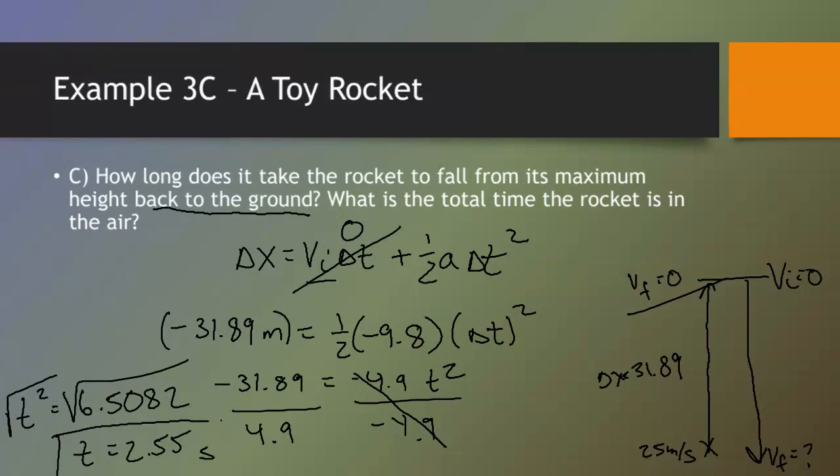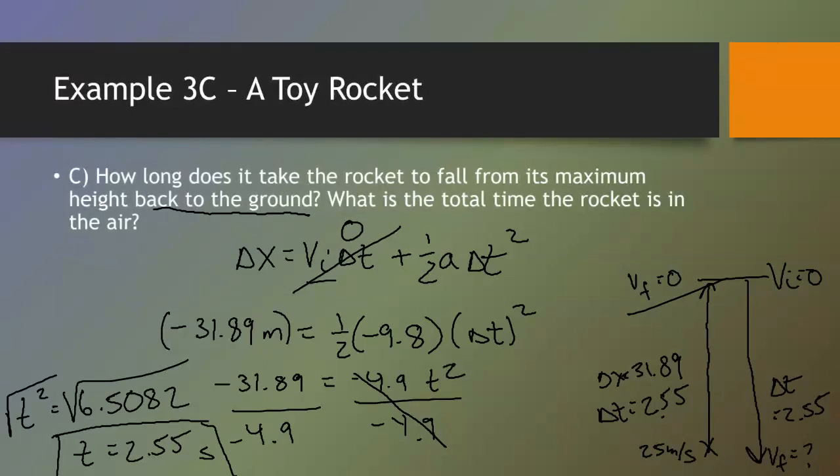The thing that I definitely want you guys to notice here, and it may seem intuitive, but it's not really for a lot of people. The time that it takes for it to go upwards is the same time that it takes for it to fall downwards. This is true for any object that's in motion due to gravity.